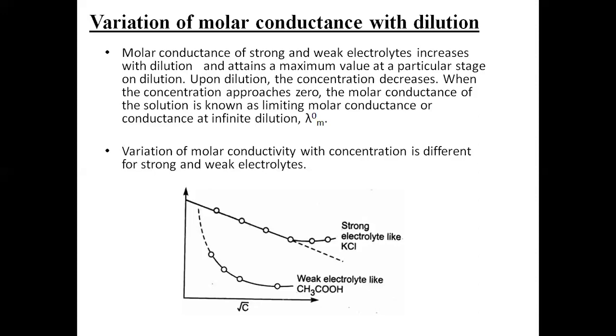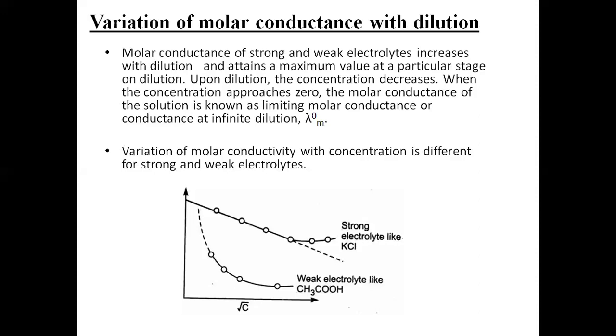But for a strong electrolyte, since the ionization is complete, there is no increase in the number of ions with dilution, but the mobility of ions increases, and that's why molar conductance increases with dilution.